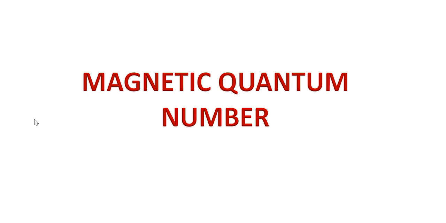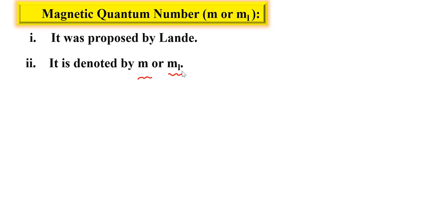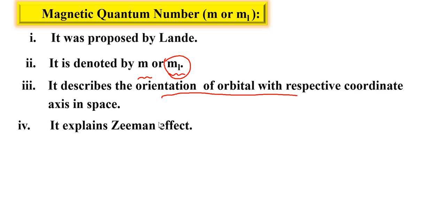Next, magnetic quantum number. The magnetic quantum number was proposed by Lande. It is denoted by M or ML because it is most relevant to the azimuthal quantum number, that's why it is shown by ML. It describes the orientation of an orbital with respect to the coordinate axes in space.